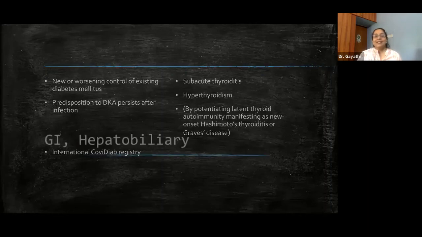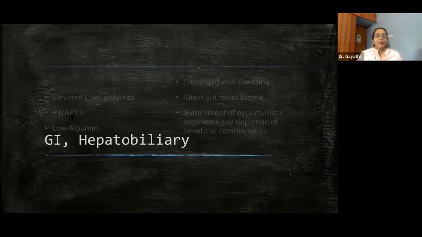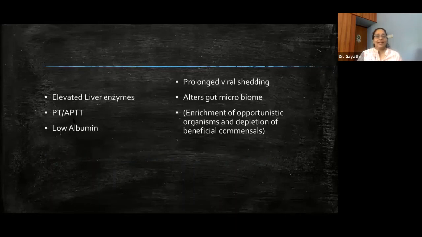So coming to the GI, a patient who's in the acute phase will have elevated liver enzymes, PT derangement may be there, low albumin may be there, but as the disease and the patient get healed, naturally all these things become normal. And it has been told that these patients do have prolonged viral shedding, and it completely alters the gut microbiome.